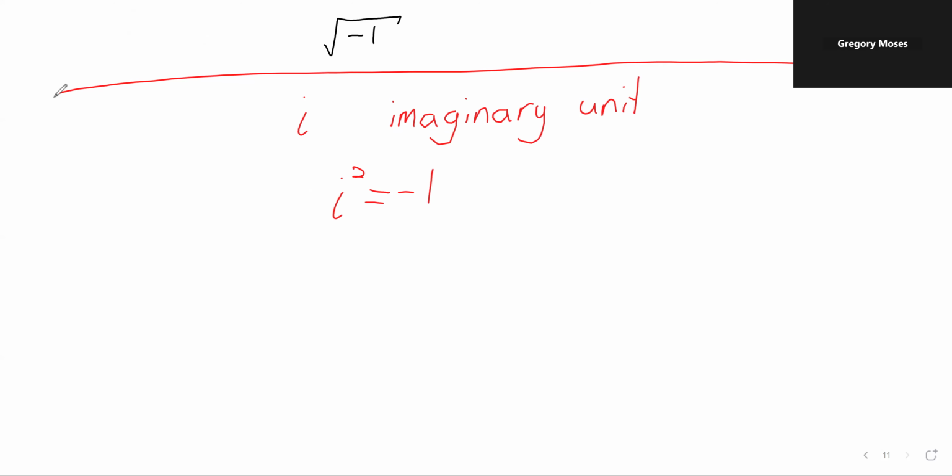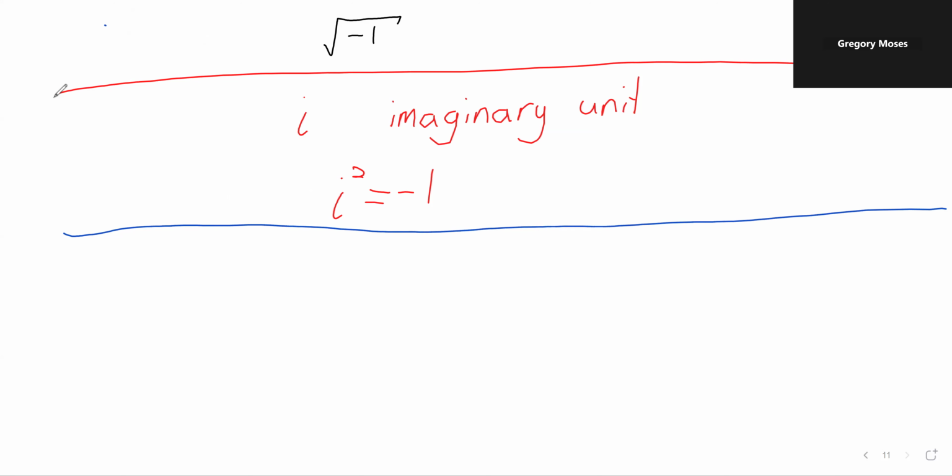And then, once we have this number i, well, we'd like to be able to do number stuff with it. For example, we'd like to be able to do addition with it. And maybe before addition, we'd like to be able to multiply it by real numbers.